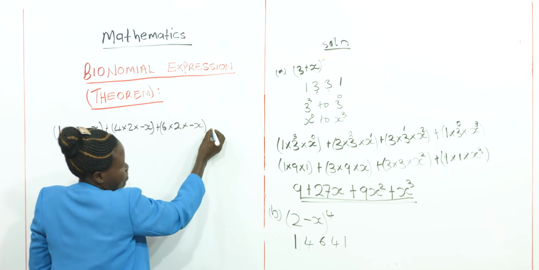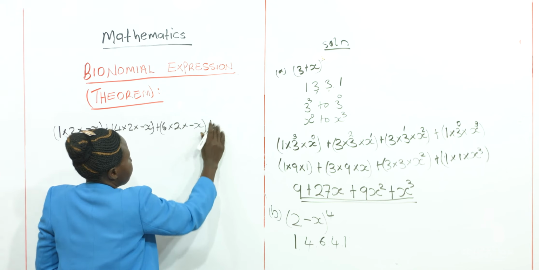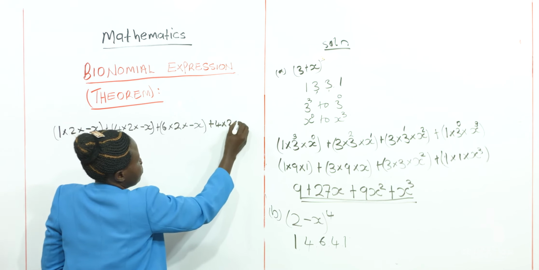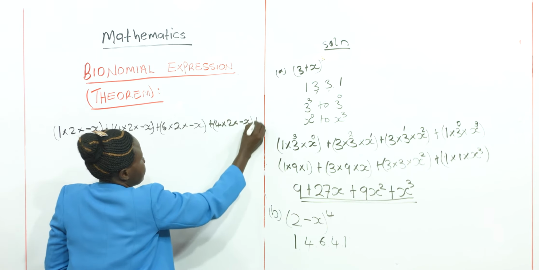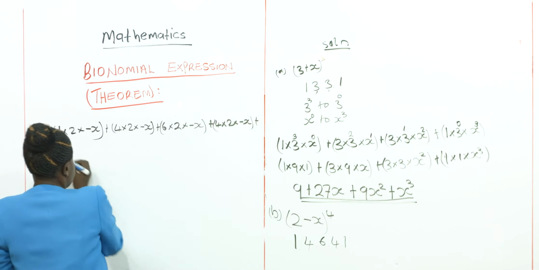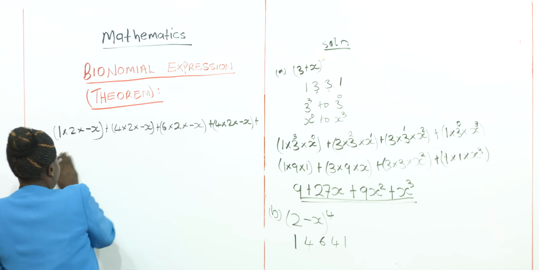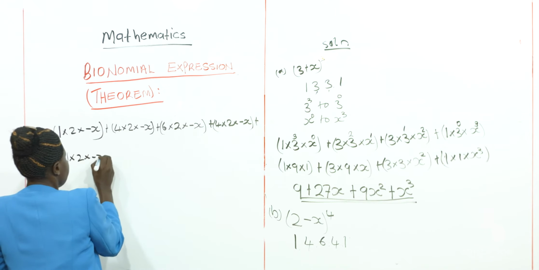And then the fourth one, plus 4 times 2 times negative x. And then the last one we say plus 1 times 2 times negative x.